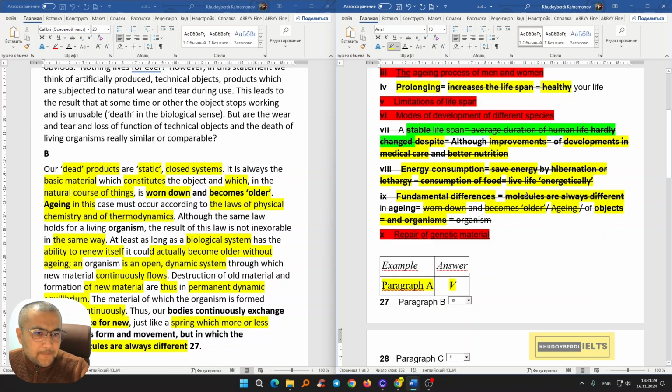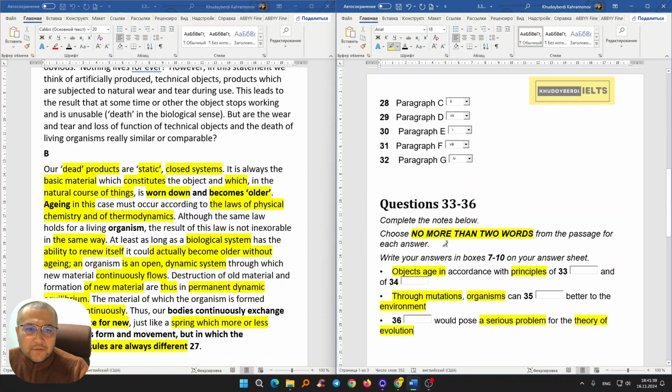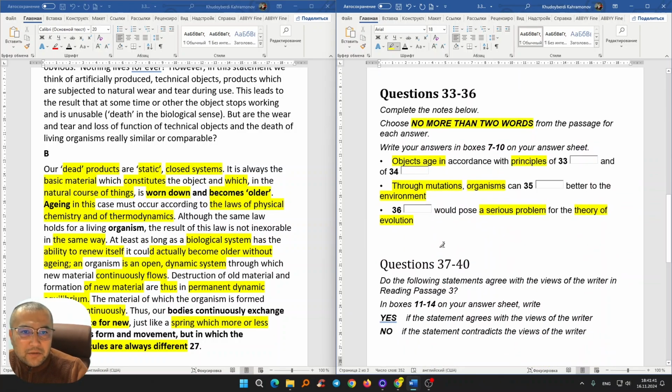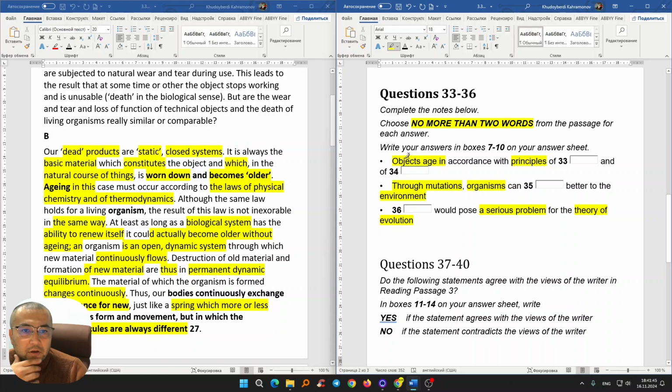Fundamental difference between objects and organisms. So that's why the first thing that comes to my mind is paragraph B here, right? So objects age in accordance with some law, some principles.